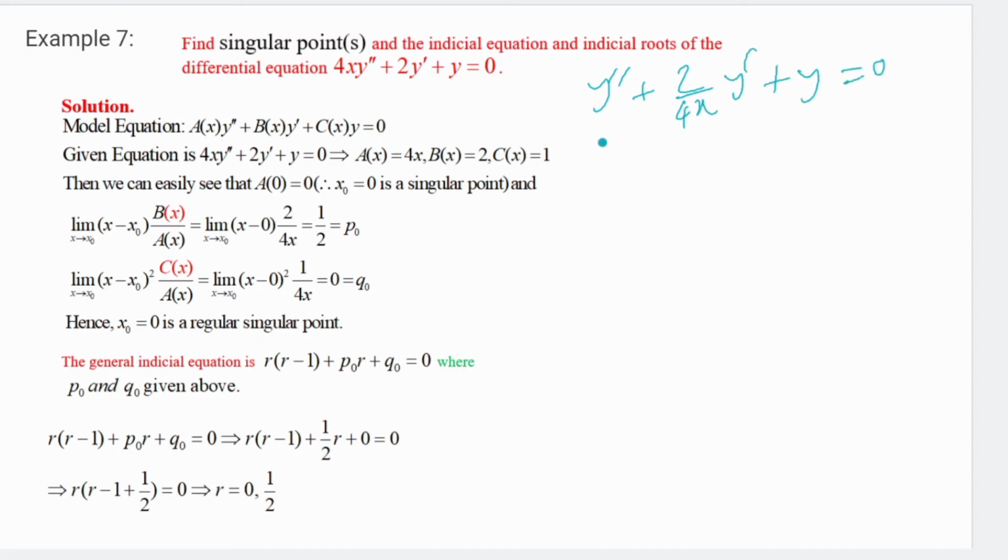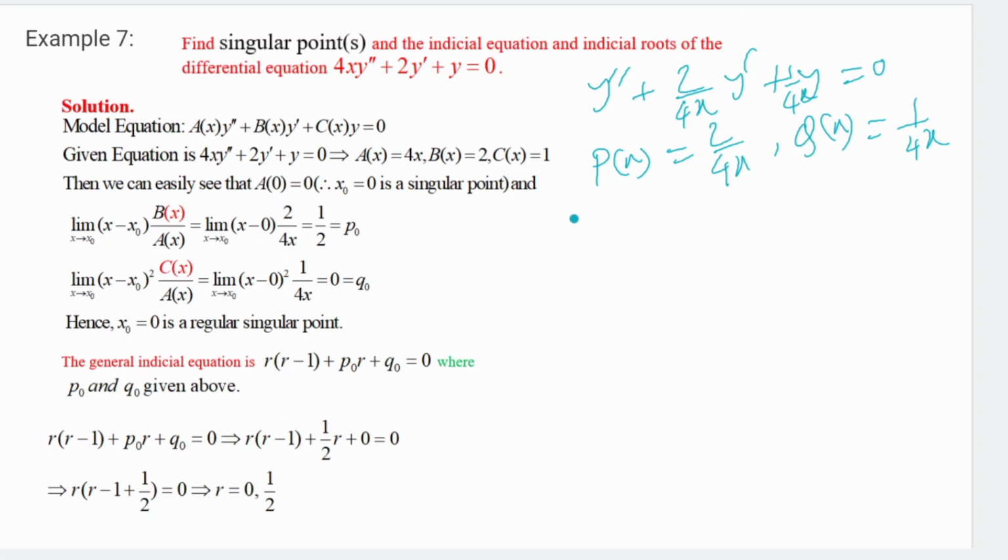So our p of x is 2 by 4x, our q of x is 1 by 4x. Here if x is 0, the function is undefined. So x equals 0 is a singular point.